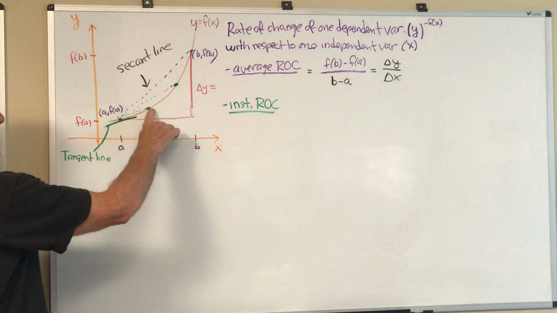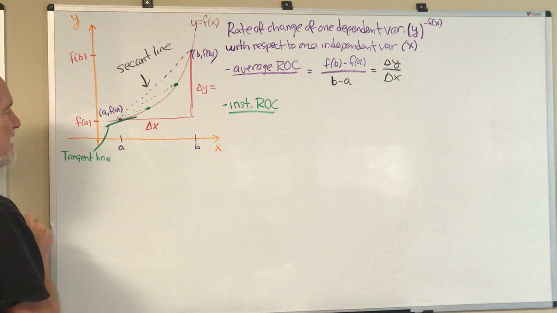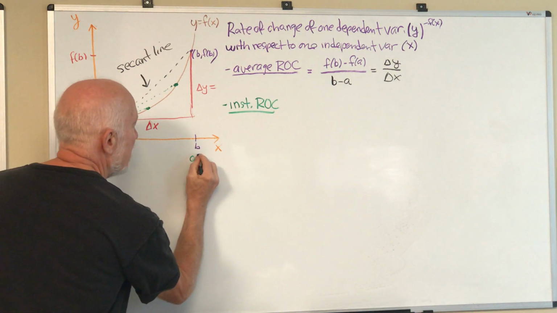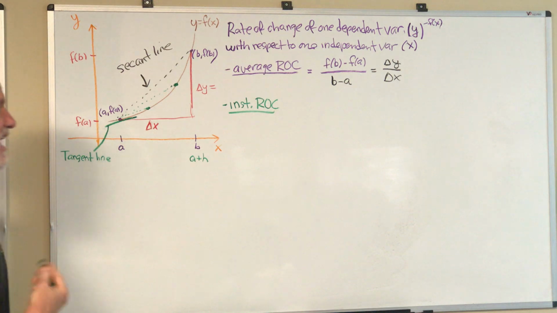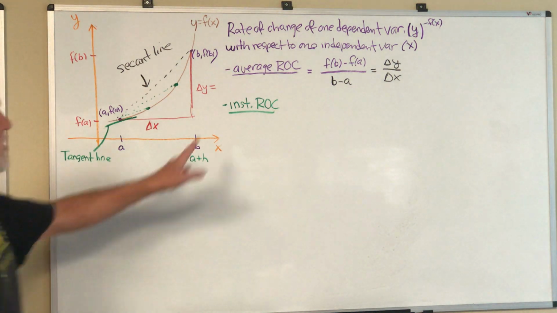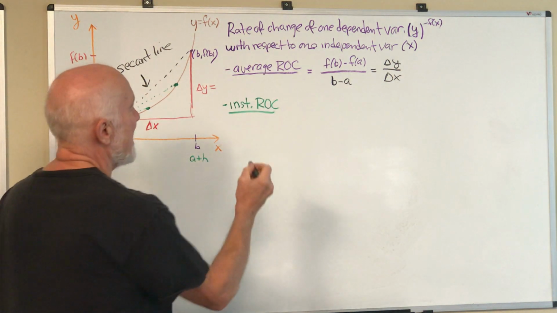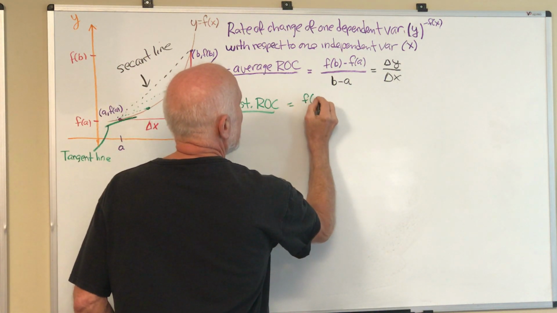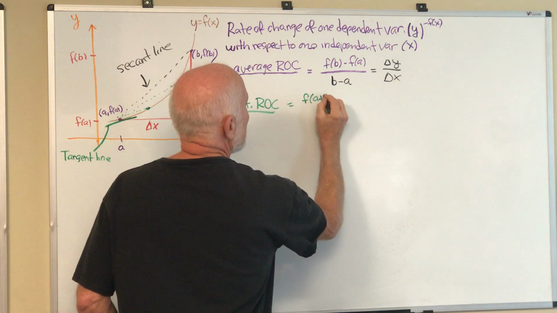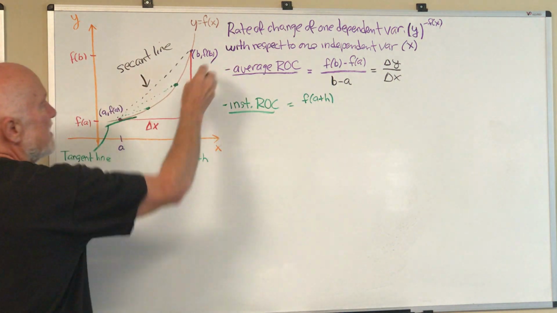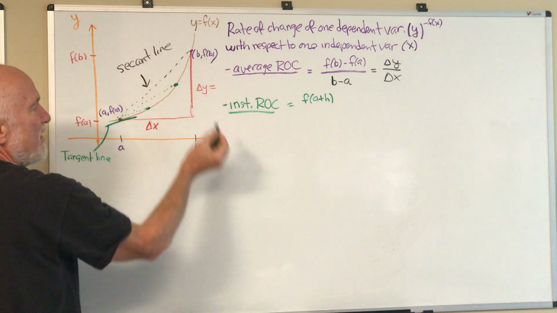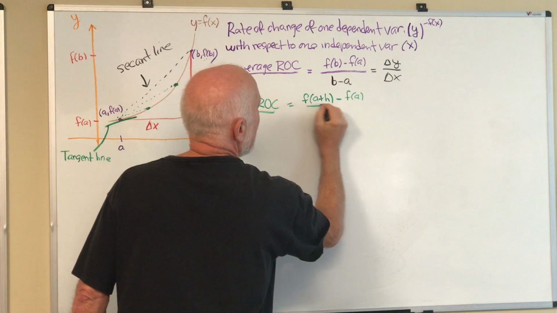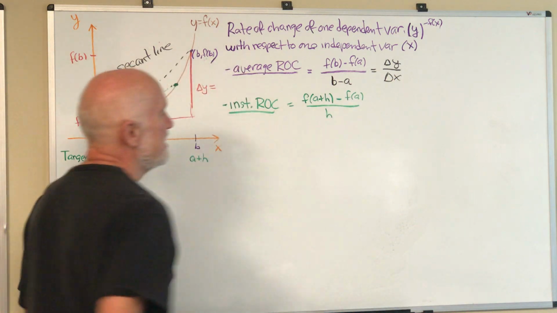So the way I can make it come exactly to this point is I can call this point A, and this point A plus some distance h. And now the slope of that dotted line is going to be f of A plus h, instead of f of b, it's going to be f of A plus h minus f of A all over h.